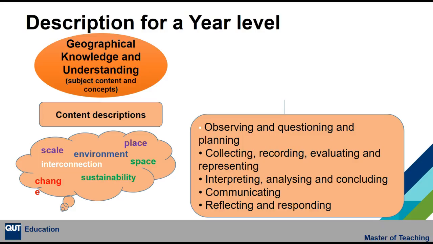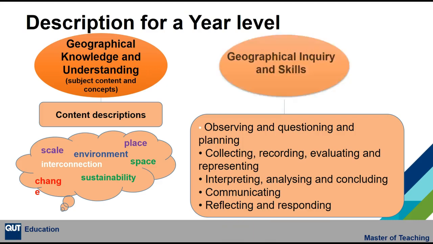And then the description for the year level, where you've got on the left-hand side your content and your concepts, and the concepts are named here as scale, environment, place, space, interconnection, sustainability, and change.